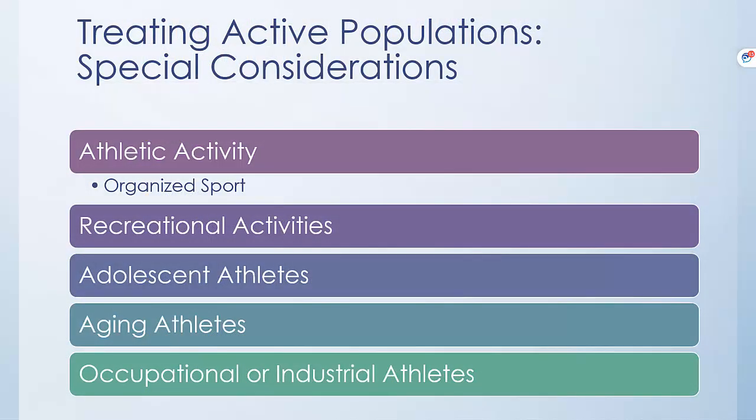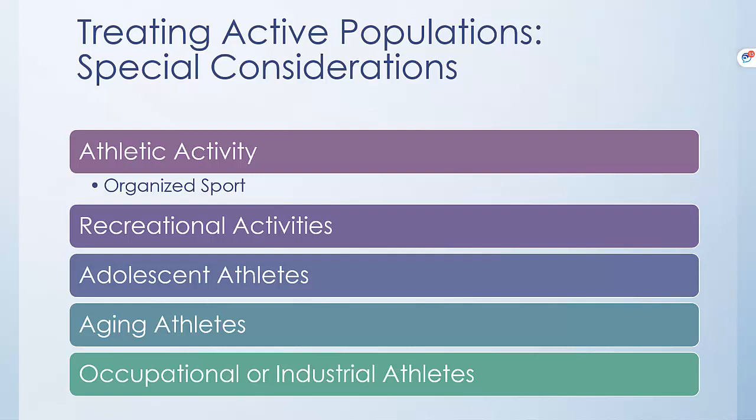In treating active populations, there are some special considerations. When we think about traditional athletic activity, we're typically thinking about organized sports, things like basketball, football, baseball. But that isn't always the case. We have different types of athletes, including athletic activity as well as recreational activity.